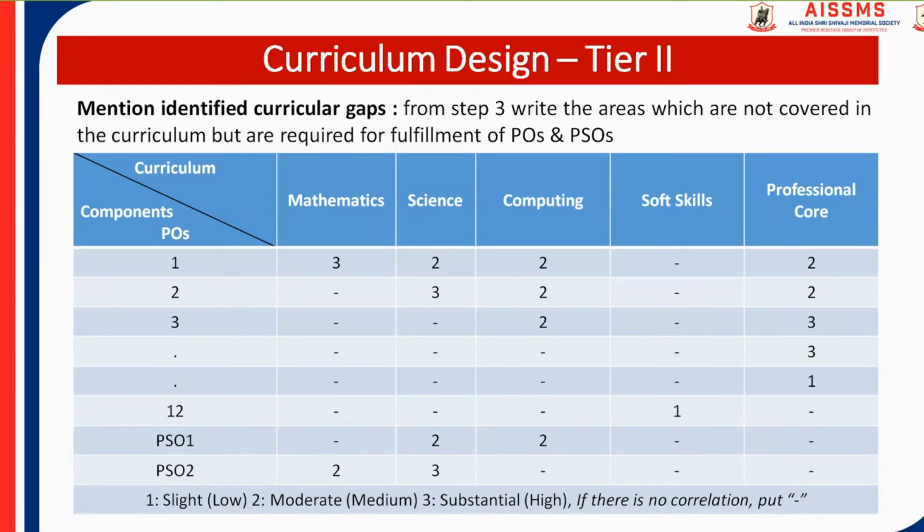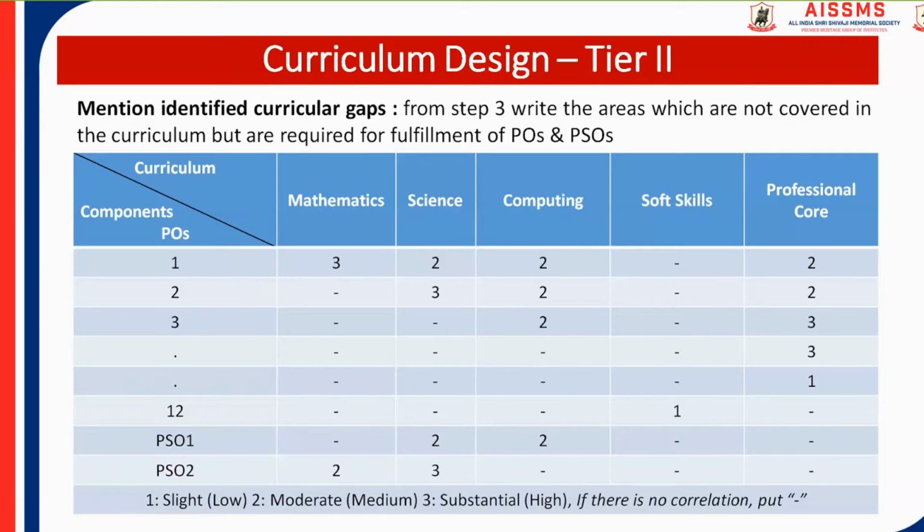Because once you identify the gaps, it becomes very easy for the tier 2 institutions to carry out certain activities which may help in attainment of their course outcomes and course objectives, or to be more specific, the program outcomes.